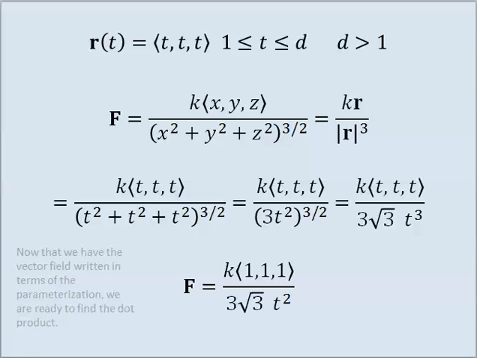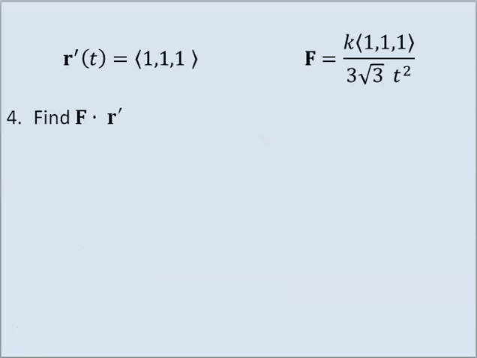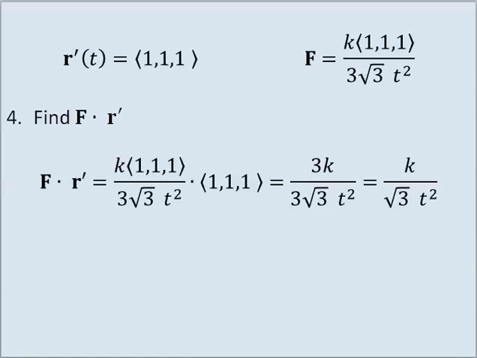Now that we have the vector field written in terms of the parameterization, we are ready to find the dot product. Find F dot r prime and simplify it. And then we're ready to integrate.